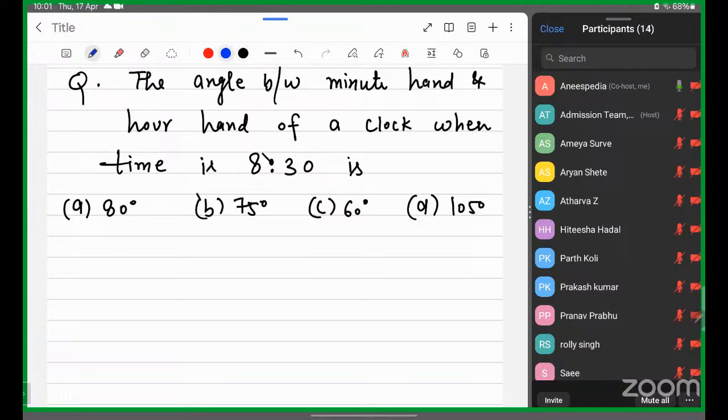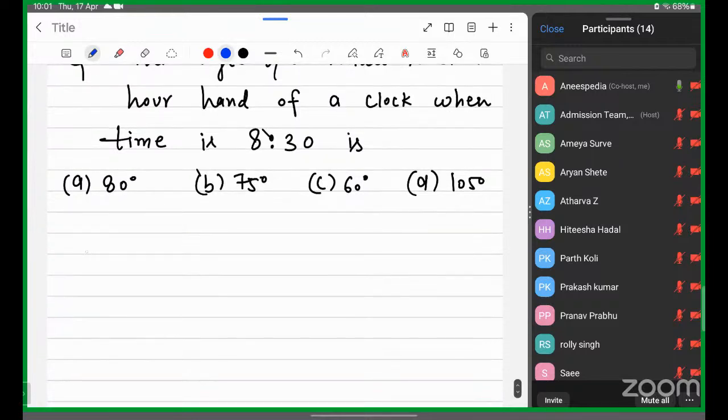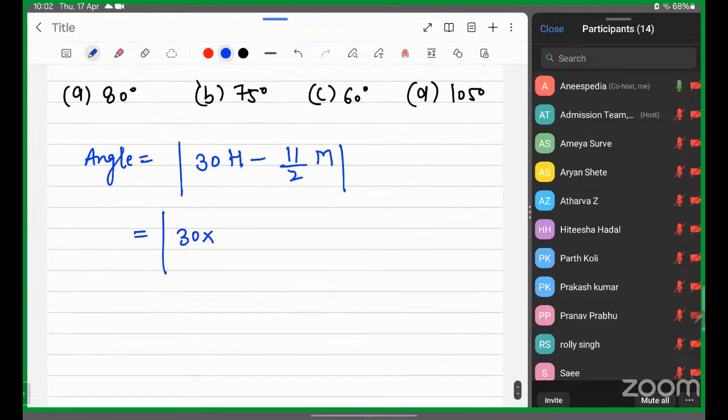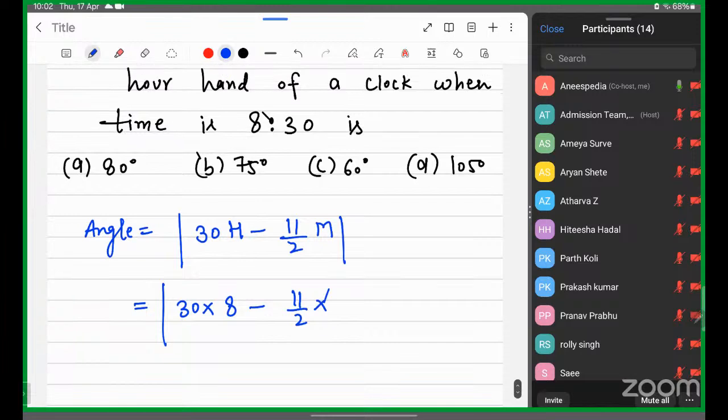How will you solve it? Yes, to know the angle, you can apply the formula mod of 30 into hours minus 11 by 2 into minutes. So in this case, this will be mod 30 into 8 hours minus 11 by 2 into minutes, which is 30.